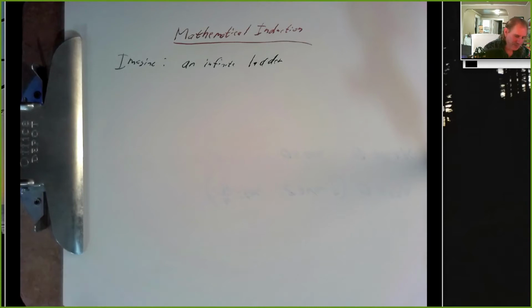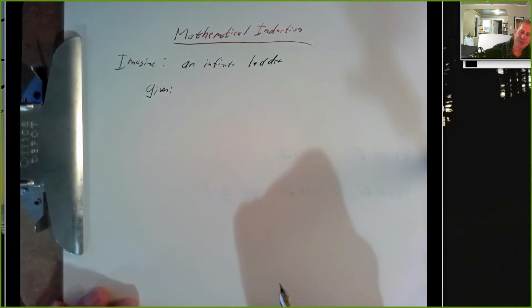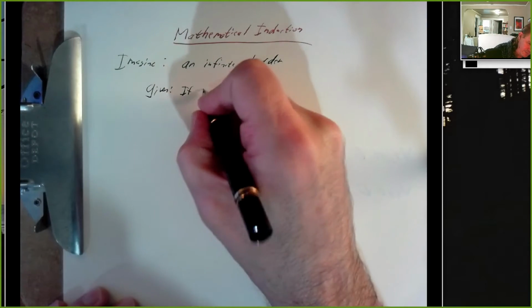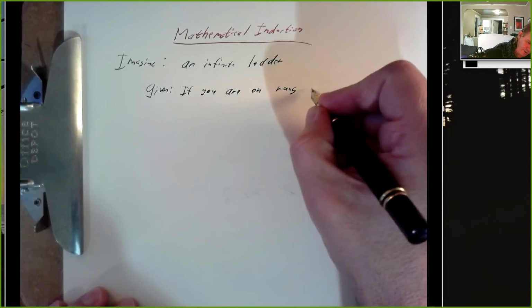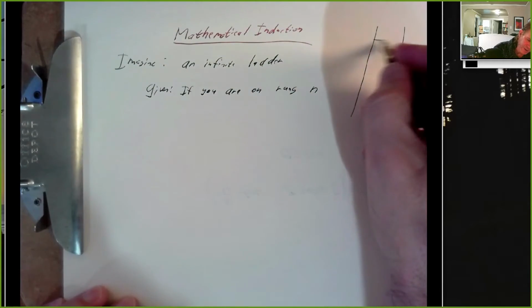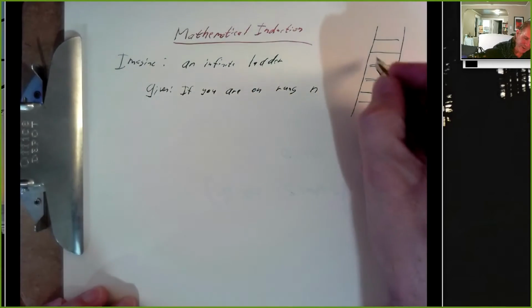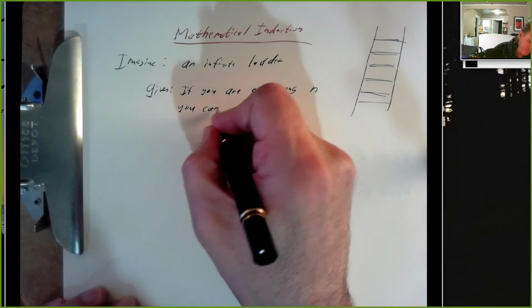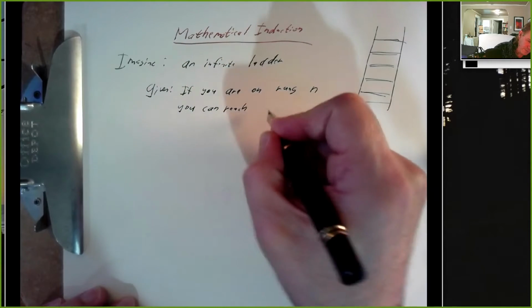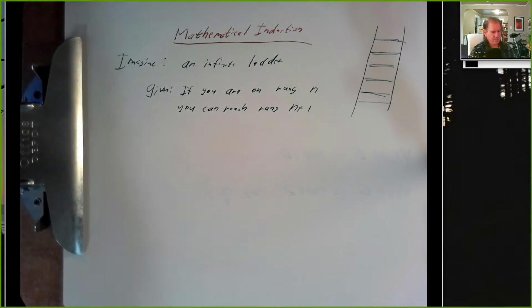Well, we're going to be given the following proposition. If you are on rung n, and does everybody know what I mean by rung? It's just one of these steps that you step on. So each of those is a rung. So if you're on rung n, you can reach rung or step n plus 1. That's a proposition that I'm giving you as true.